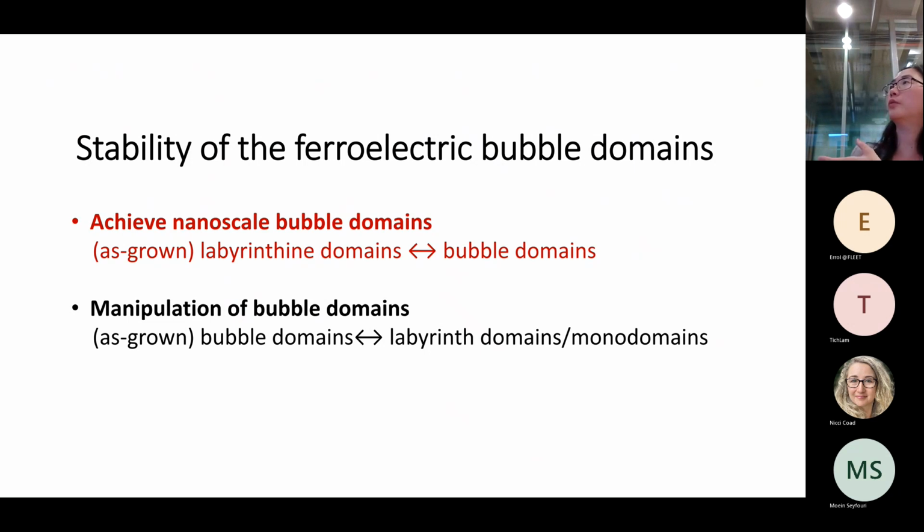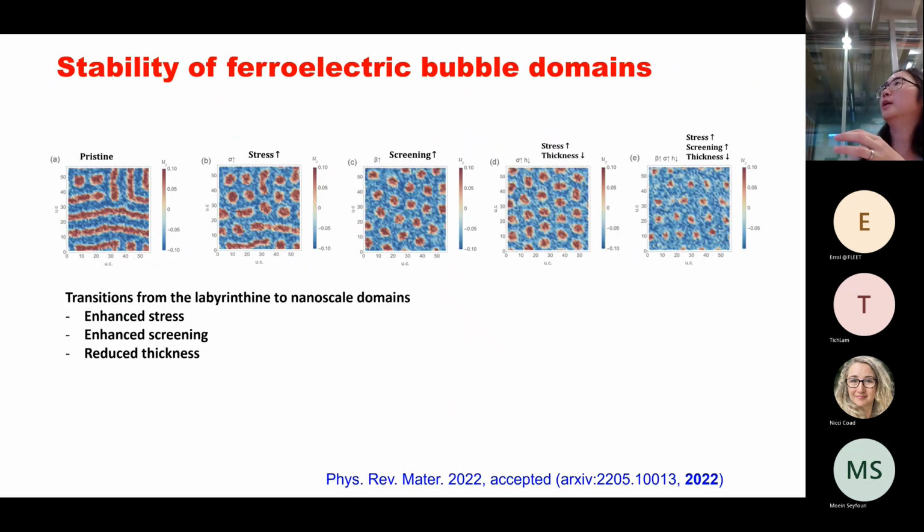So the first thing is how can we achieve that? If we have Landau domains, how can we obtain these nanoscale bubble domains? This is recent work, the paper was just accepted two days ago. We collaborated with our theoretical team, and this simulation work shows that when we have these Landau domains and apply stress, or increase the screening and decrease the thickness, it can push the Landau domains towards these nanoscale bubble domains.